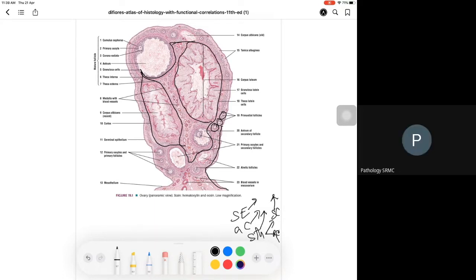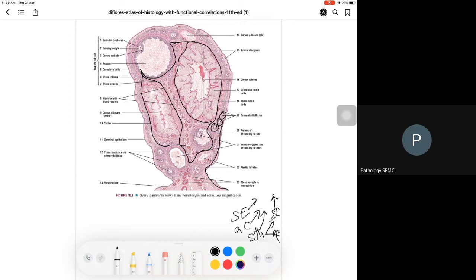Ovary panoramic view, stain H&E, low magnification. First, in a mature follicle, they showed cumulus oophorus, primary oocyte, corona radiata, antrum, granulosa cells, theca interna, and theca externa. Next, medulla with blood vessels, corpus albicans recent, cortex, germinal epithelium, primary oocytes and primary follicles, mesothelium.